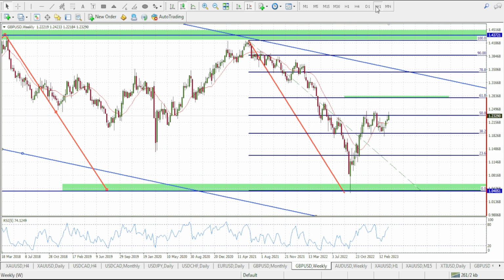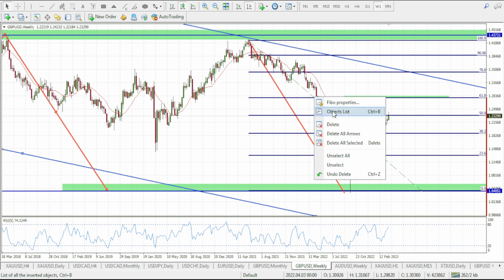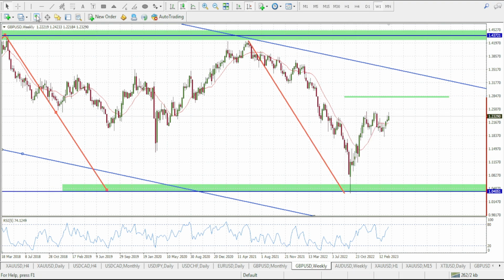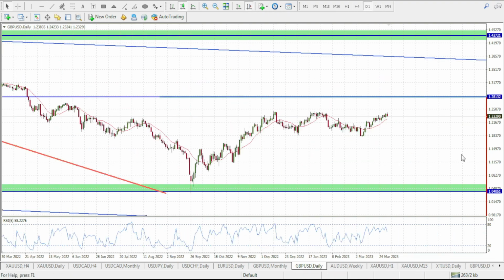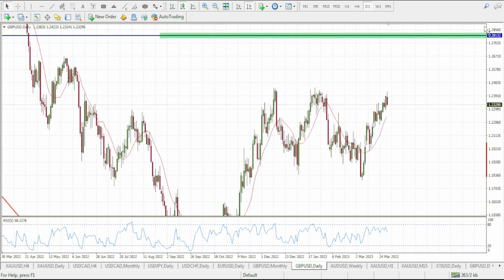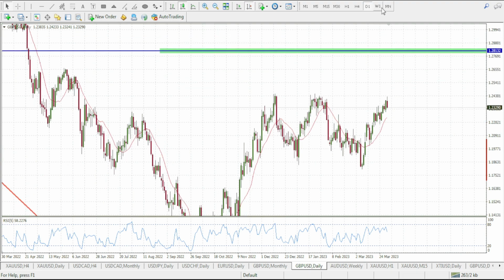Now it comes to the story of the weekly time frame. Till here what I said, I hope you will remember. Let me highlight this area as well. Now let's switch to the daily and the weekly.